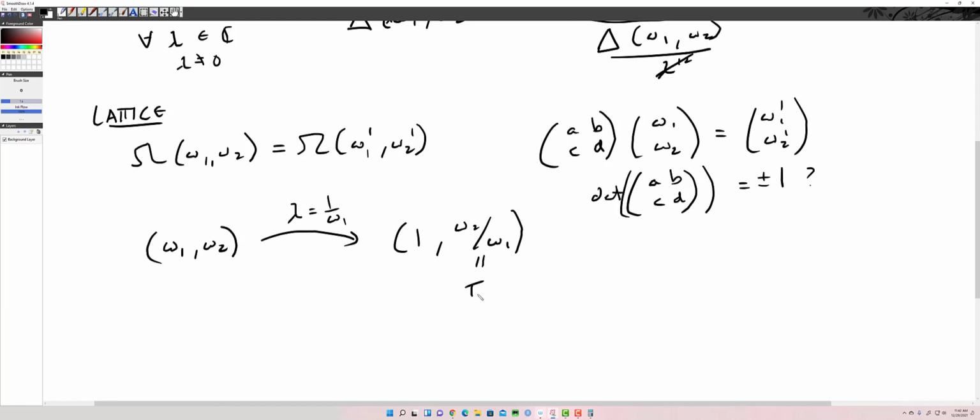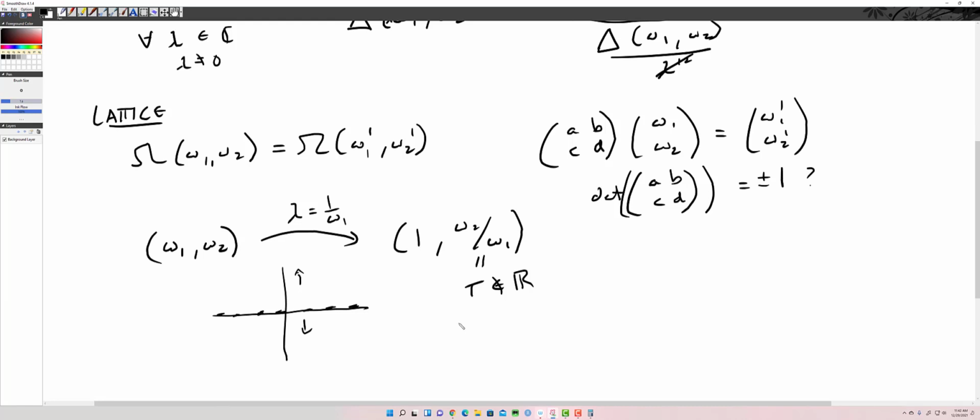And what we've specified about tau is that it's not real. So if we look at the complex plane, it's not on this line. It's either up here or it's down here. And we can show that the imaginary part, without losing any generality, has to be greater than 0 pretty easily.